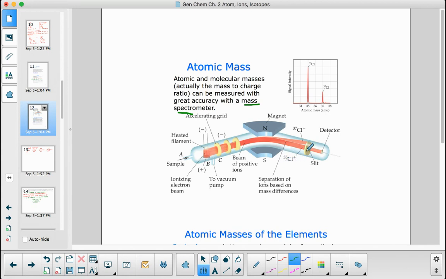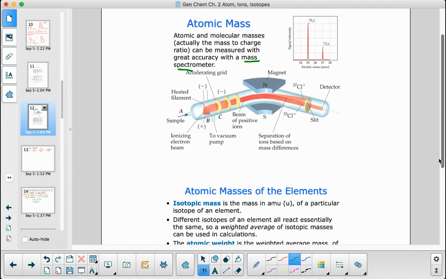Chlorine 35, being lighter than chlorine 37, is going to be deflected in the magnetic field more than chlorine 37. You can see here the chlorine 37 doesn't get deflected as much. So this mass spectrometer will give me the relative masses of different isotopes of an atom.